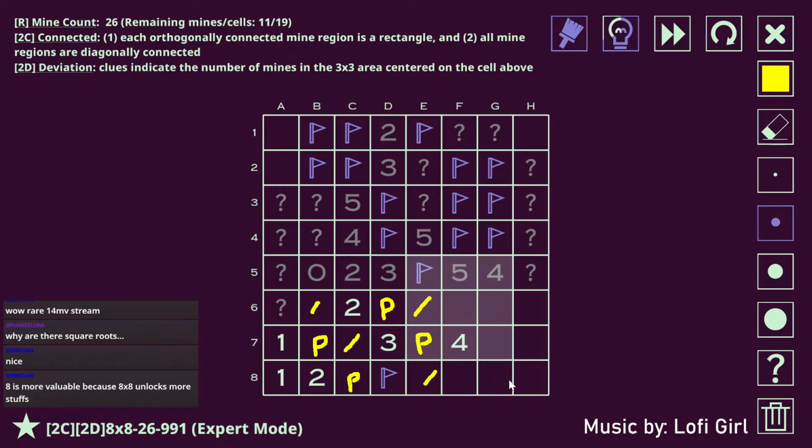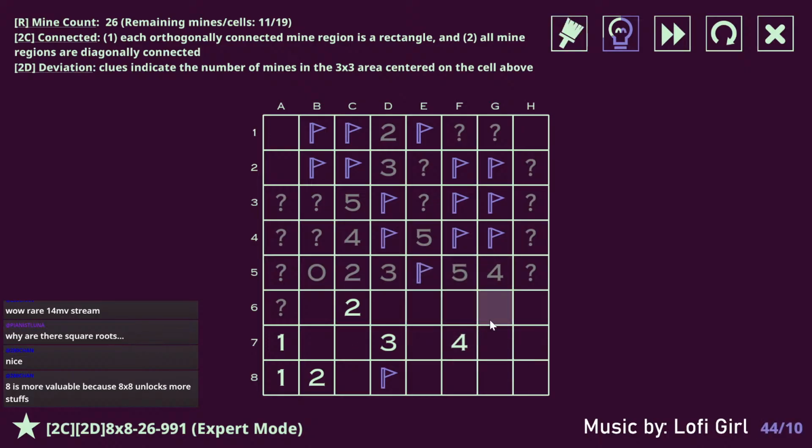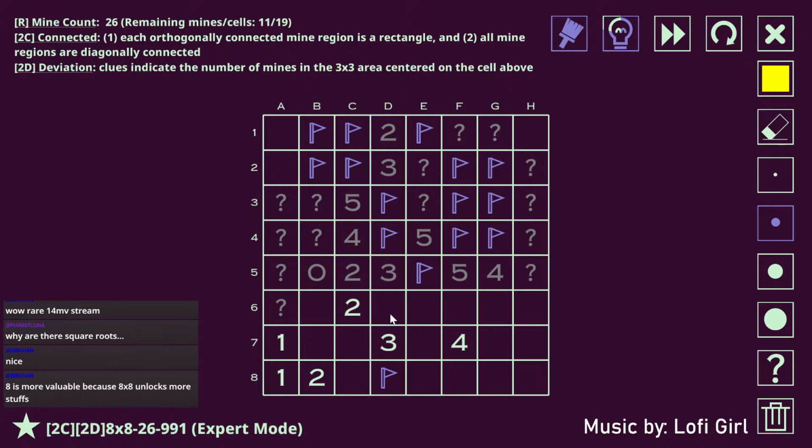That's fine. Okay, let's see if I can set up 2 cases again. If this is empty, then you have mine here, and then this would be empty.